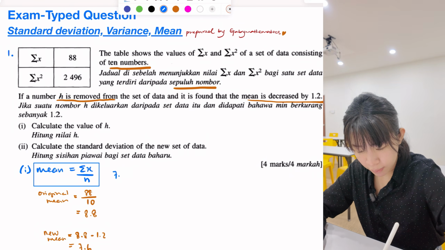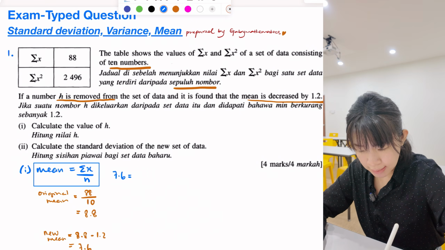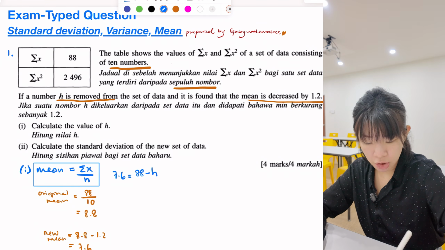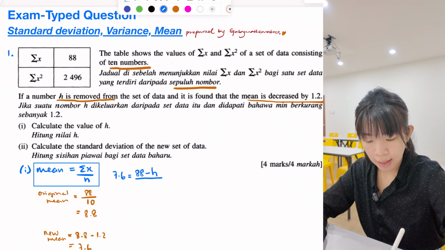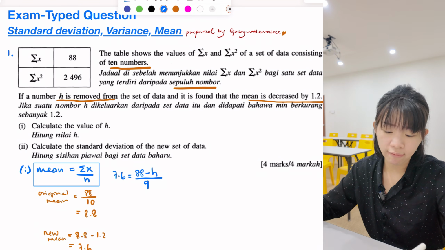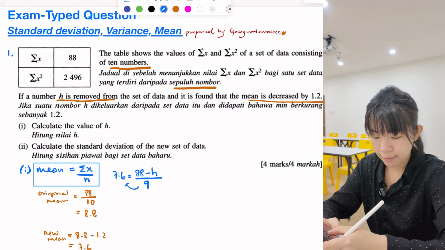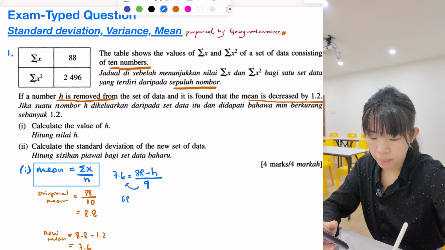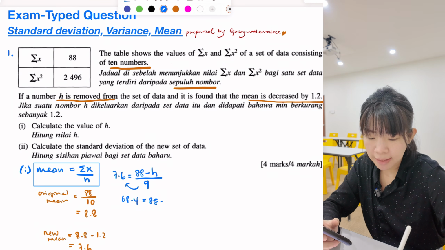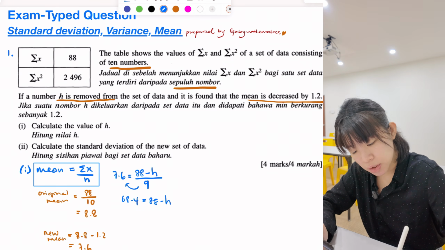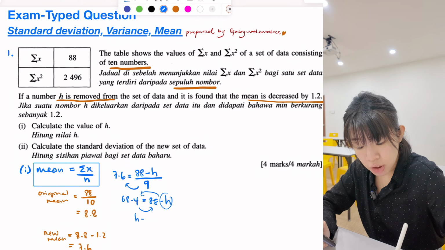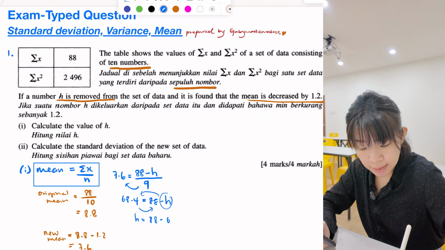The mean is 7.6. Sum of x is 88 minus h, divided by how many data? 9. Now we can find h. Bring the 9 over. 7.6 times 9, 68.4 equals 88 minus h. If you want to find h, bring over 68.4 to the other side. h equals 88 minus 68.4.